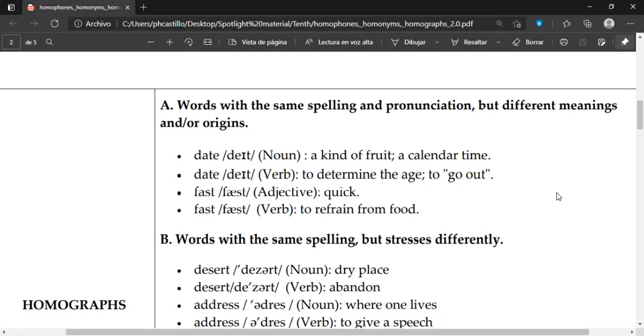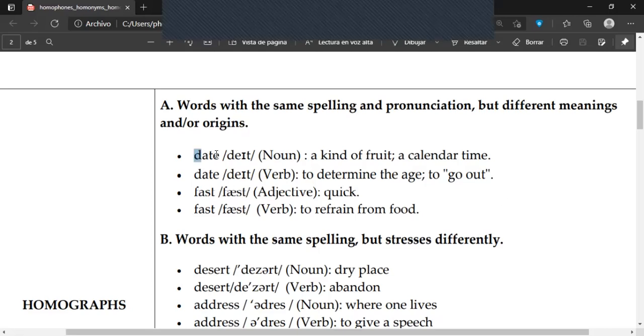And they can also consider homonyms according to this logic. But anyway, you have the word date as a noun and date as a verb. As a noun, you can find this definition: a kind of fruit or a calendar time.